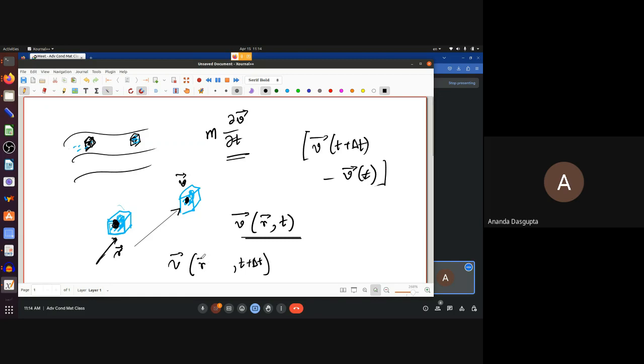But what is this different position? This is no longer r, right? But how much has the fluid particle moved between t and t plus delta t? This much, right? And that's nothing but the velocity times delta t. Is that okay? So this new position is r plus v delta t.